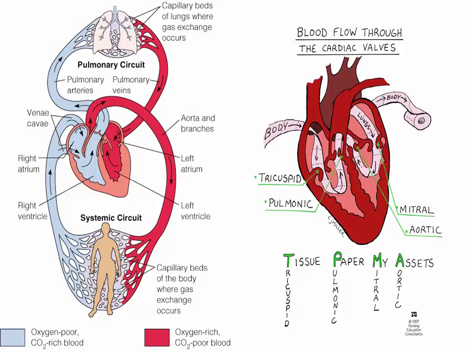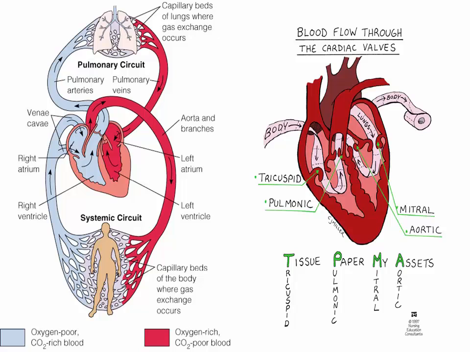If you consider the length of the circulatory system of the body versus the length of the pulmonary system, the body is considerably longer. So there's more length, more volume, more resistance, and so the left side of the heart has to work harder.